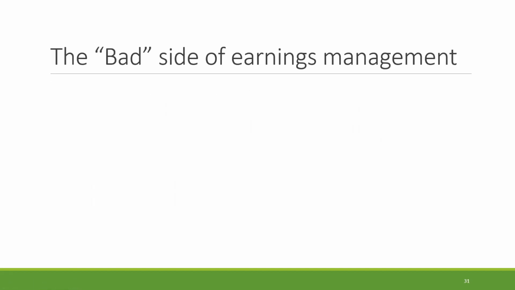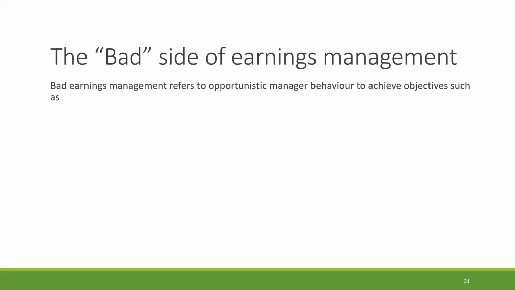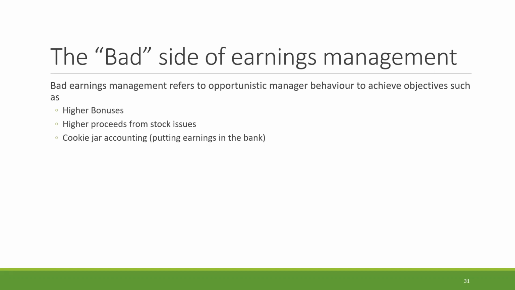Now, there is, of course, the ugly side of earnings management because that's where you see managers engaging in these shenanigans so as to boost their bonuses, be able to sell their stock options at a higher price, or cookie jar accounting, as I mentioned.